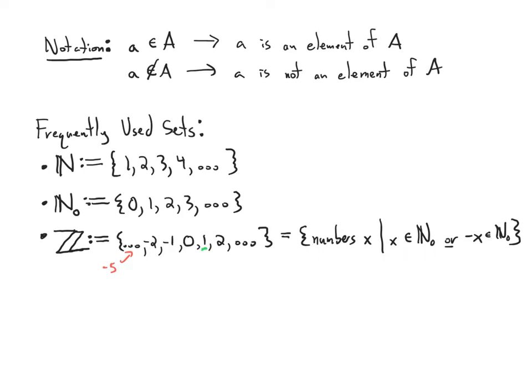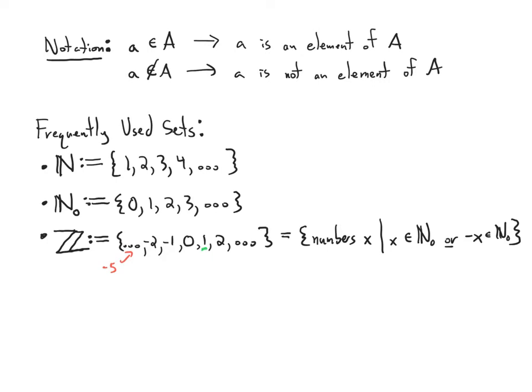Is it an element of the whole numbers? It's not. But its negative is. The negative of -5 is +5, and +5 is indeed an element of the whole numbers. It's in this set here. These dots kind of hide it, but you can tell it's there.